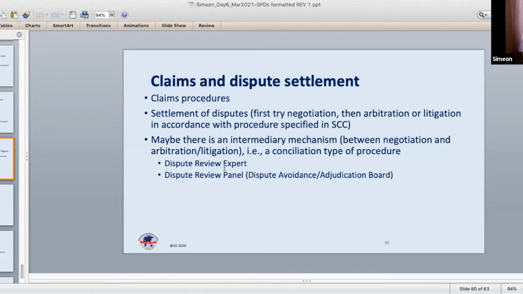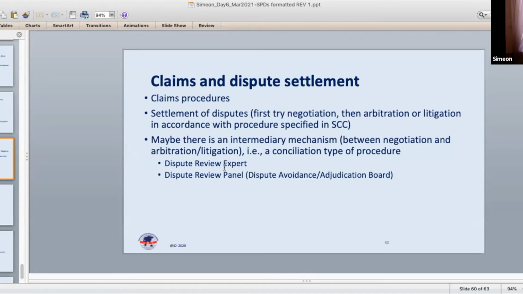They monitor the implementation of the contract, get the regular reports and documents, and stay abreast of how performance is proceeding, and intervene when there may be some issues that could be resolved at an early stage without flowering into a full-blown dispute. And then if there is a dispute, they recommend a solution, and that solution will take effect and become binding unless one of the parties objects to it.